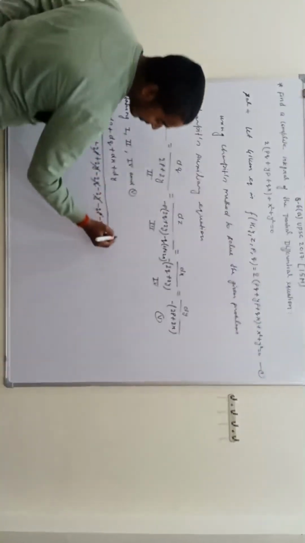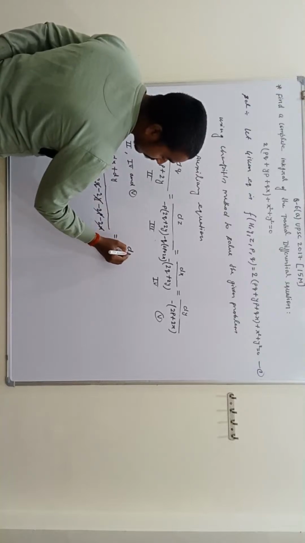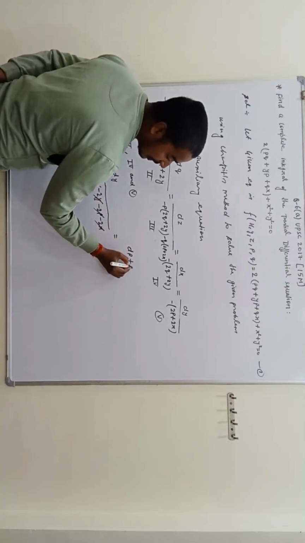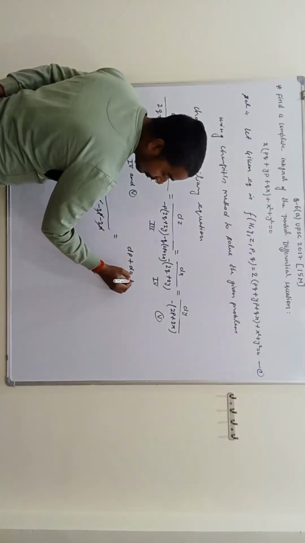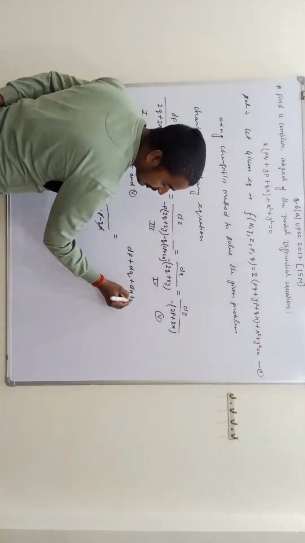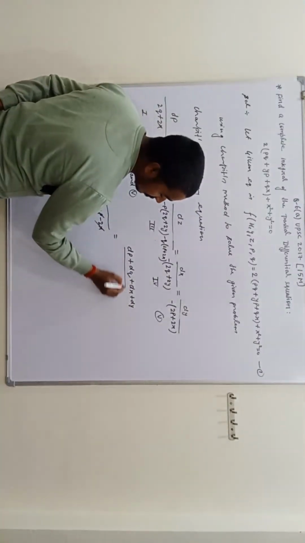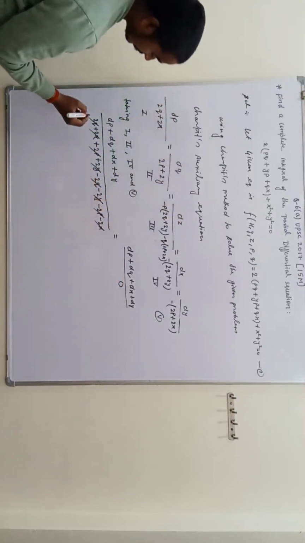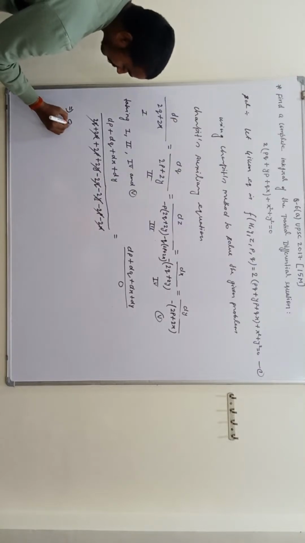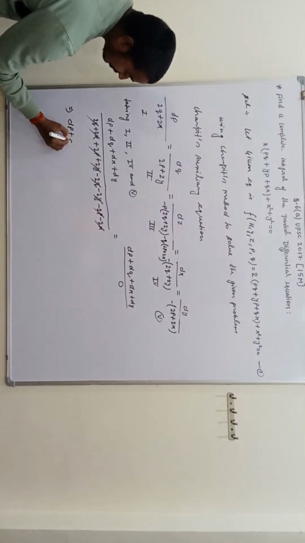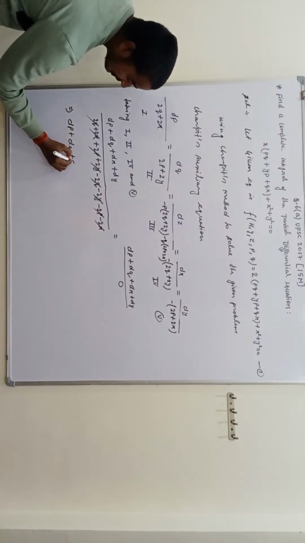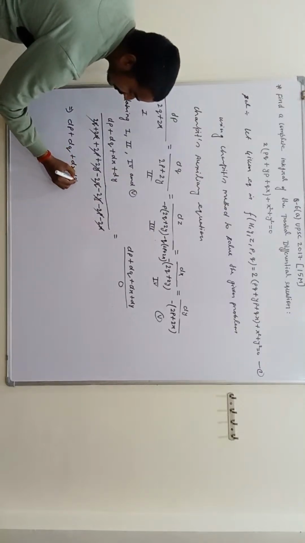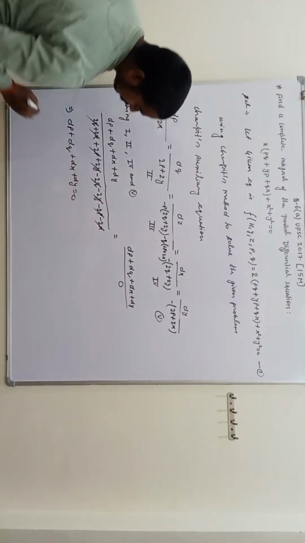Then the remaining is dp plus dq plus dx plus dy upon 0. So we take dp plus dq plus dx plus dy equal to 0.